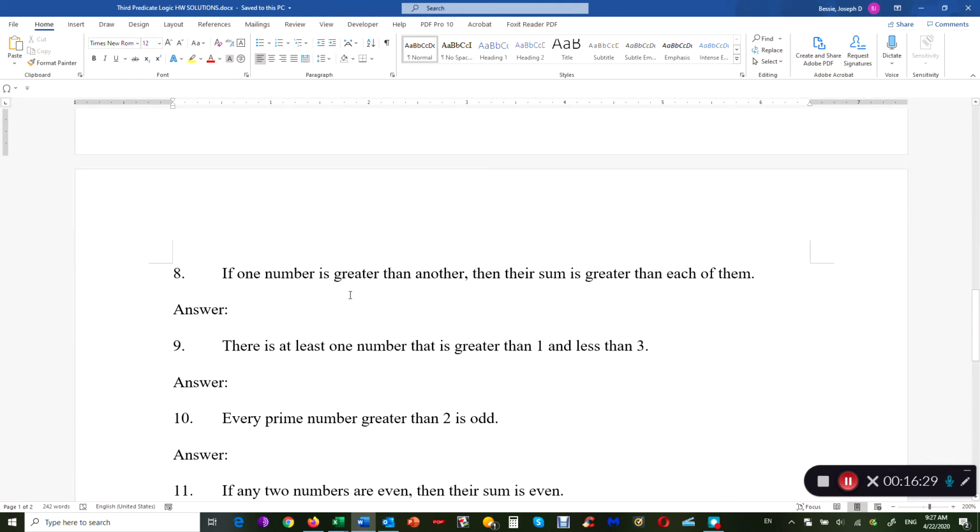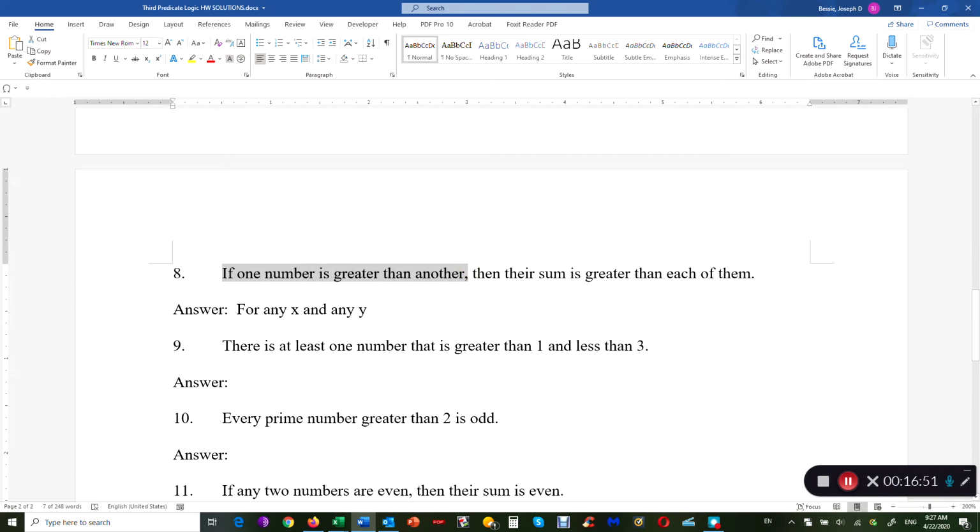Number 8. If one number is greater than another, then their sum is greater than each of them. So what we're saying is, for any x and any y, and now we've got two quantifiers here. This is the first time we've had two quantifiers in a statement.